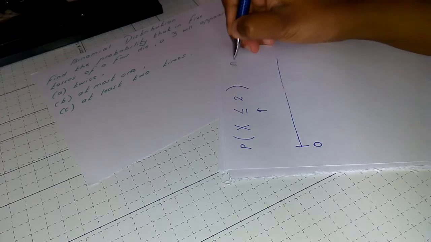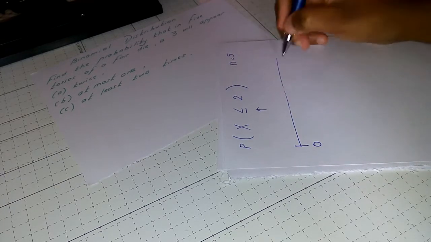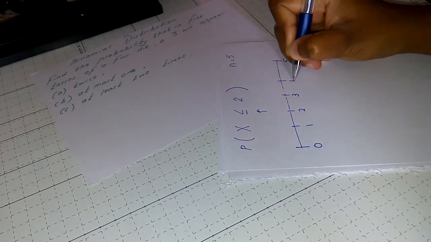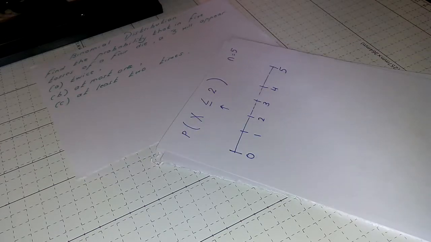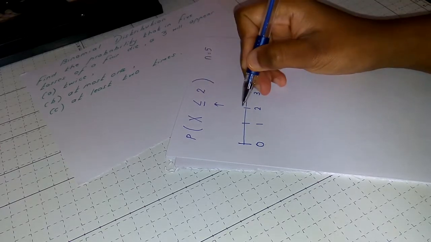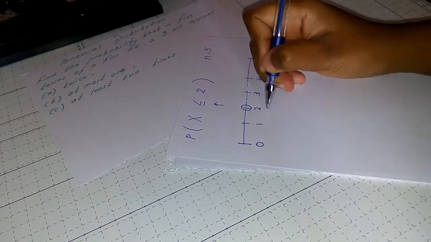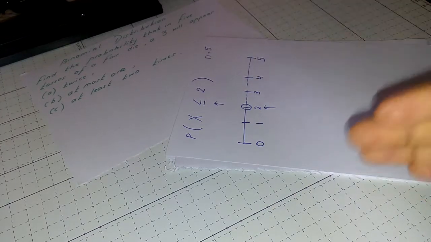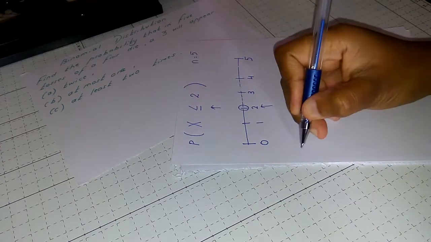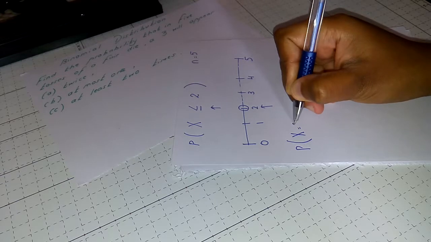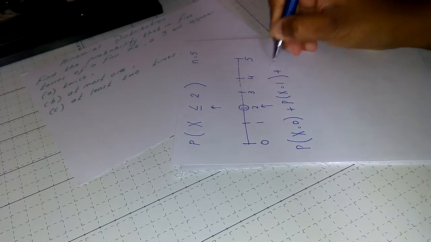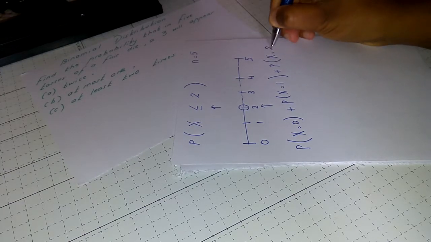Our n here is 5, so it goes from 0 to 5, and in between we have 0, 1, 2, 3, 4, and then 5. You're asked to find less than or equal to 2, so 2 is included, right? We need to find the values up to 2. So this is going to include the probability of X is equal to 0, plus the probability of X is equal to 1, plus the probability of X is equal to 2.